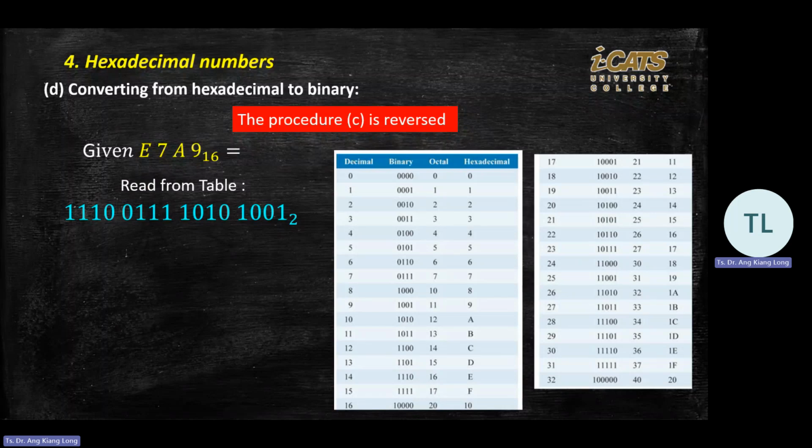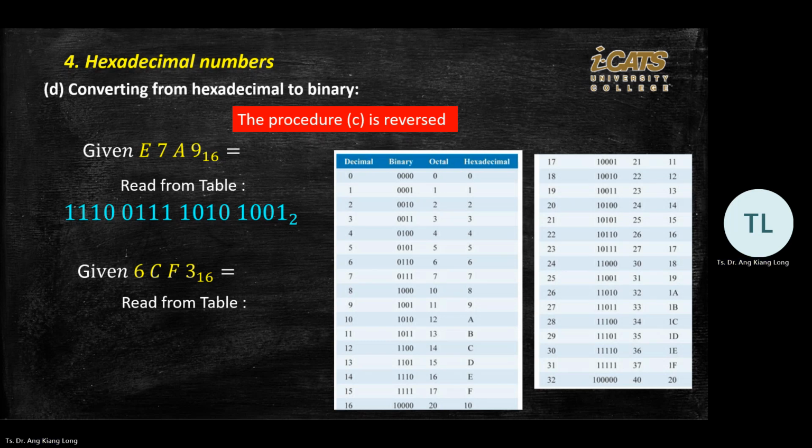Hexadecimal to binary is also from the table. For example, you are given something base 16. You just go to the binary column and read back the binary number. So E is 1110.